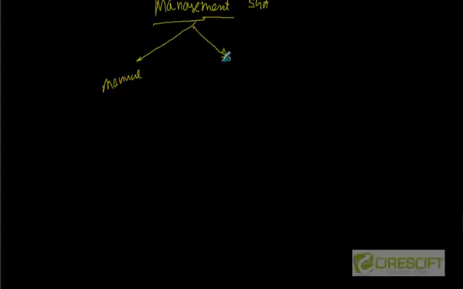So how do I manage SGA? Again, as I told you, the SGA can be managed in two ways, either manual or automatic. In the manual mode, I have to set a bunch of parameters. For example, if I want to set my shared pool, there's an init.ora parameter called shared_pool_size.